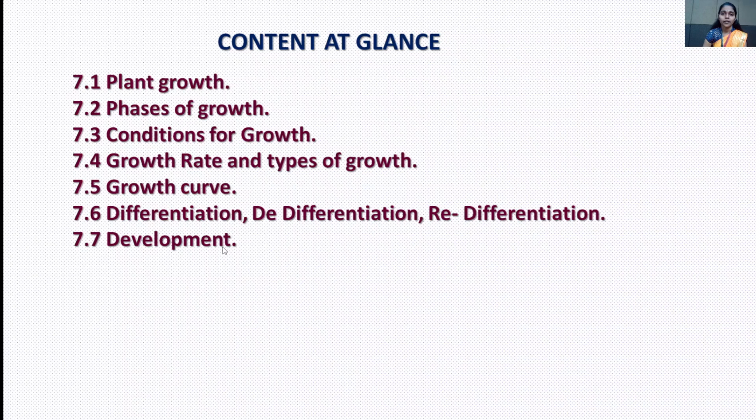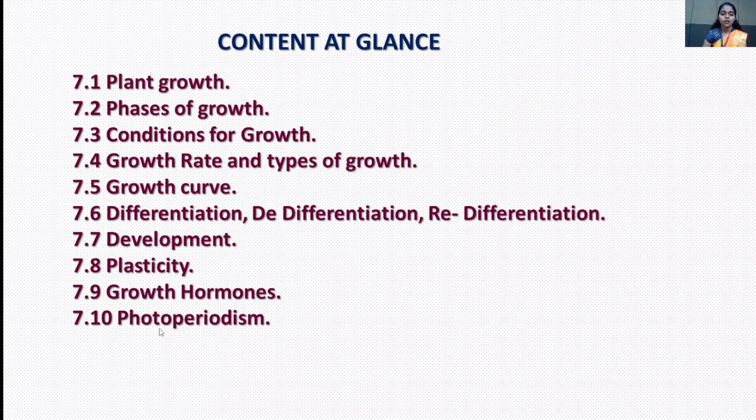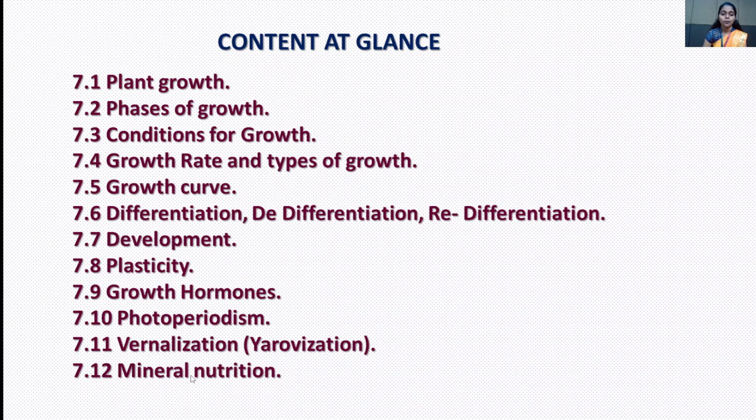Next point is development, plasticity, growth hormones, photoperiodism, vernalization, mineral nutrition, and last point is nitrogen cycle. These 13 points are present in this topic, plant growth and mineral nutrition.